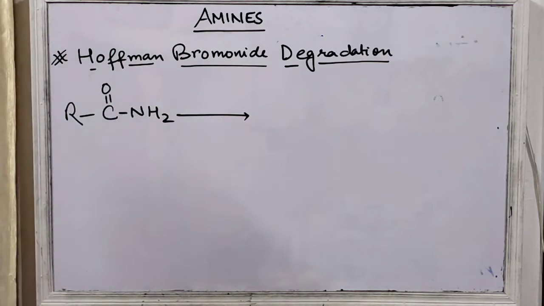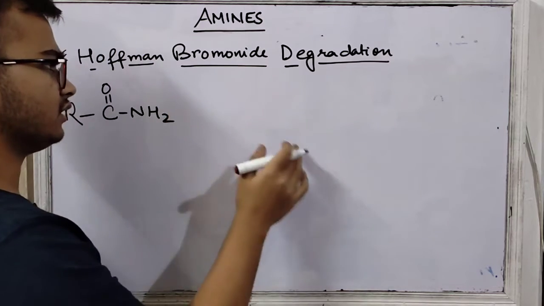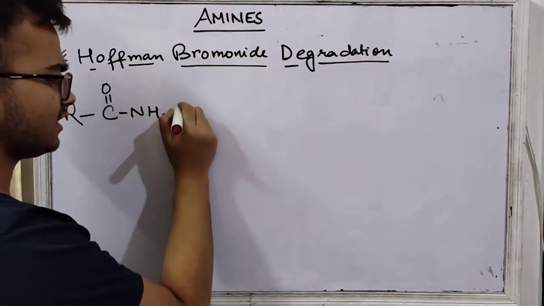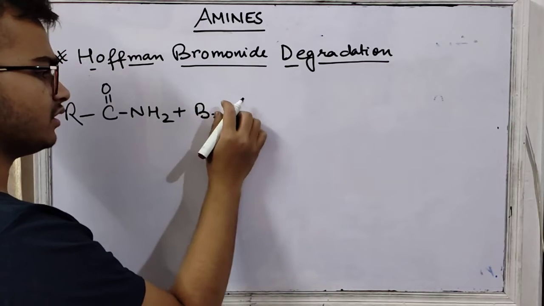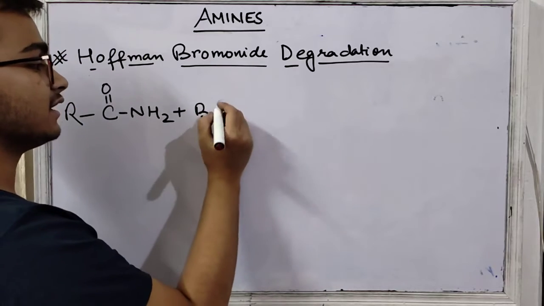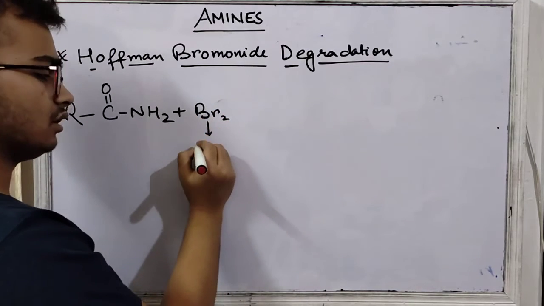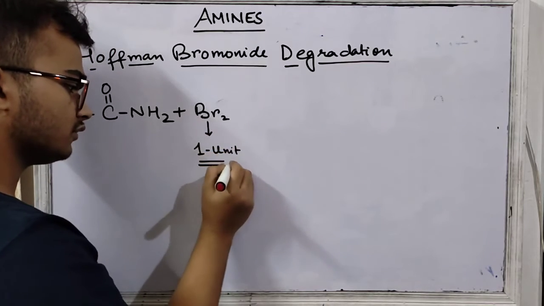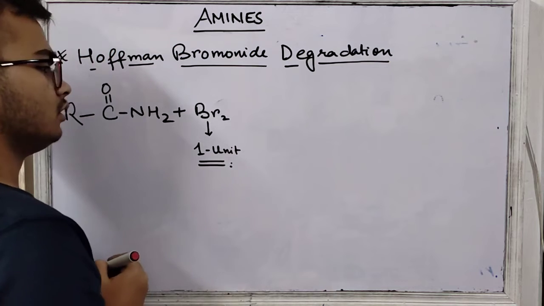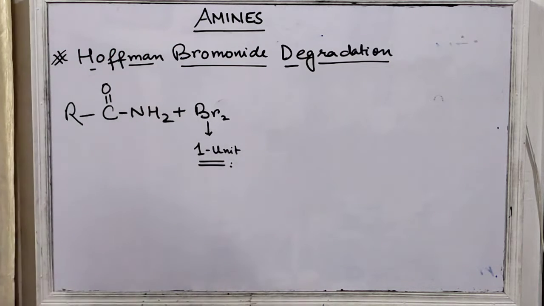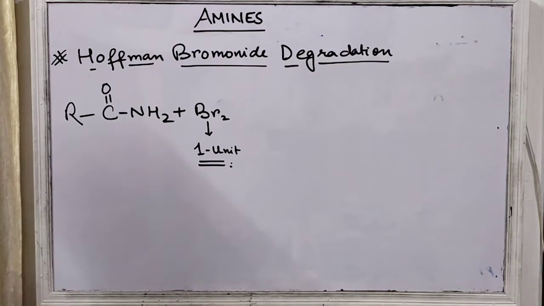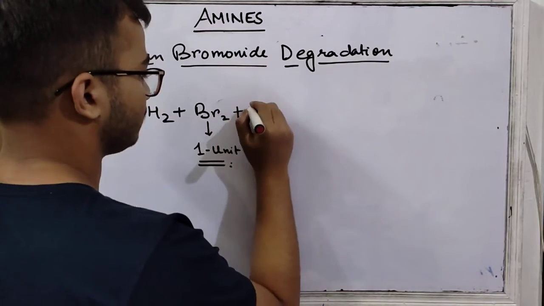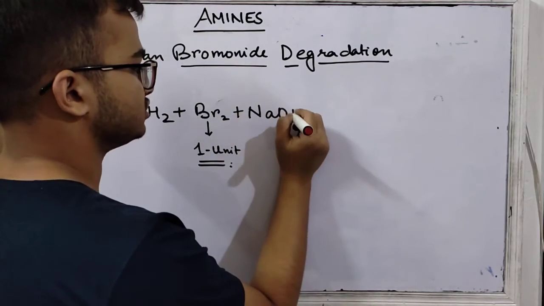Now to the amide group, we are adding bromine over here. Since bromamide, so we are taking bromine. But remember that the bromine which you are taking has to be only 1 unit of bromine. This is a very important thing. So RCONH2, Br2, and then you are taking a base, which is NaOH.